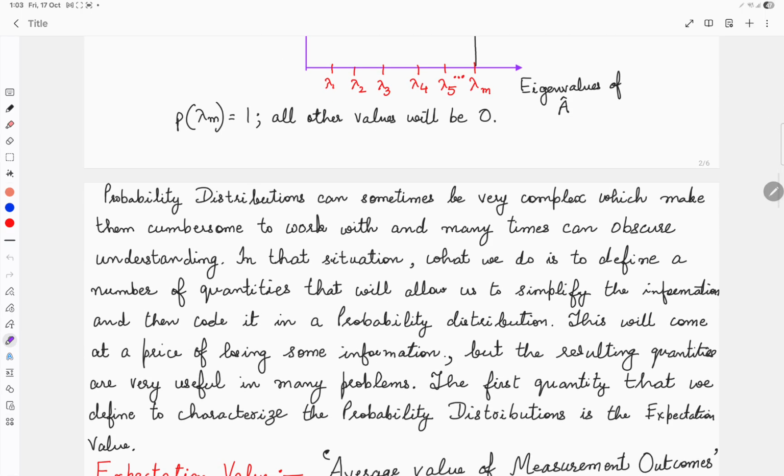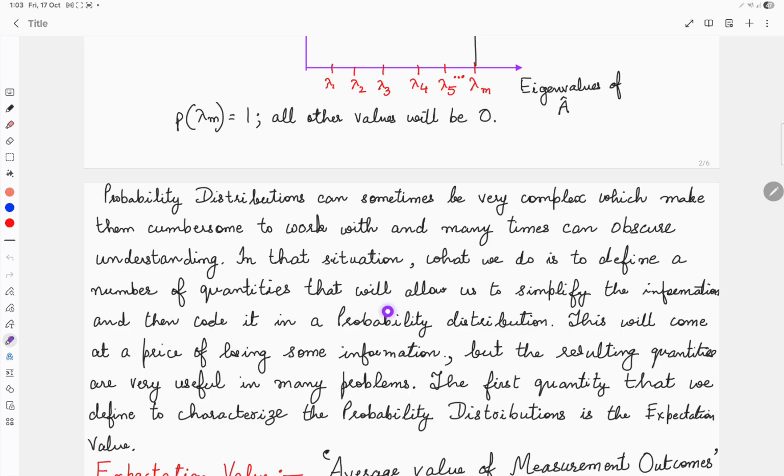distribution. Probability distributions can sometimes be very complex, which makes them cumbersome to work with and many times can obscure understanding. In that situation, what we do is define a number of quantities that will allow us to simplify the information and encode it in a probability distribution.